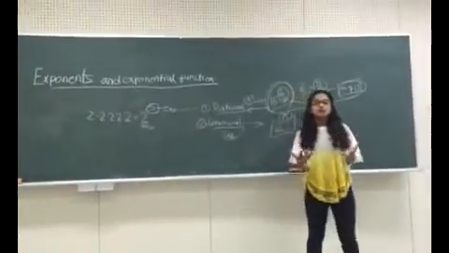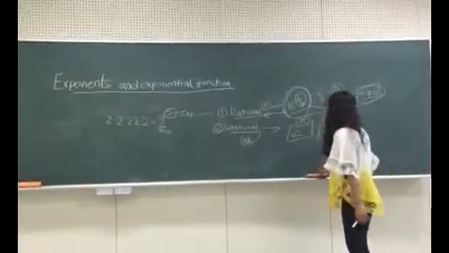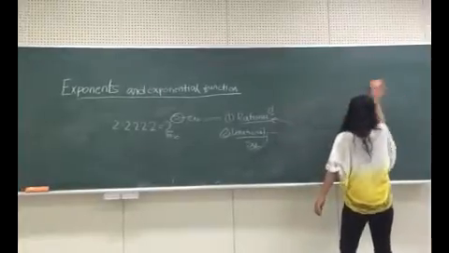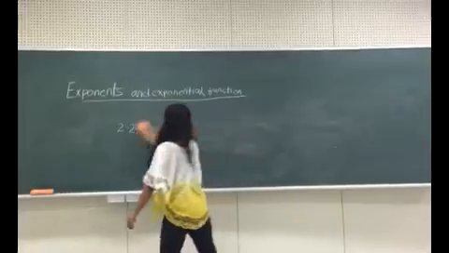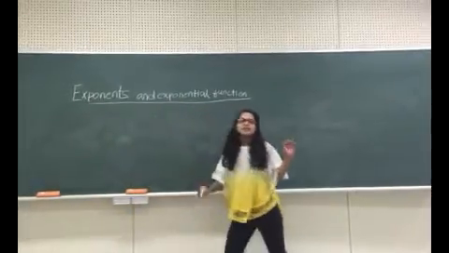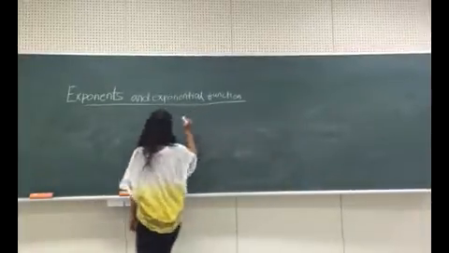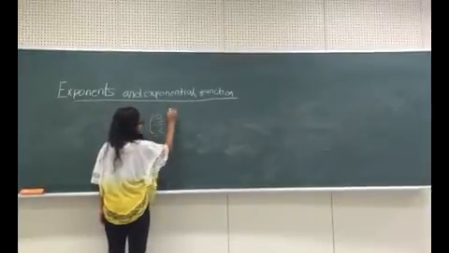Now, let's move to the second part, which is the rules of exponents. Okay, so let me write some numbers and then explain the rule. For example, let's take 3 by 2 whole to the power cube.